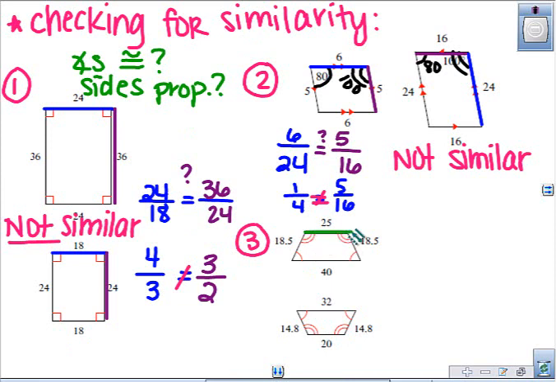Okay, so 25 in this trapezoid is the shorter of the 2 bases. So the shorter of the 2 bases is 20. So I'm going to say 25 is to 20. And then I'm going to check the longer base. So 40 is to 32.